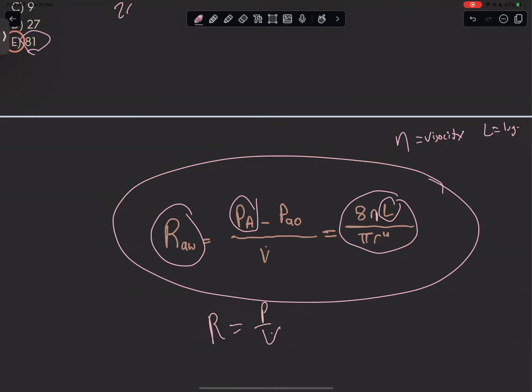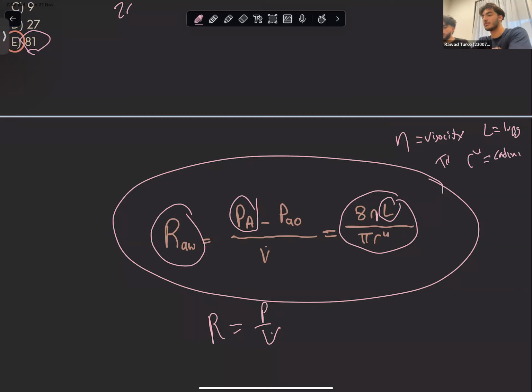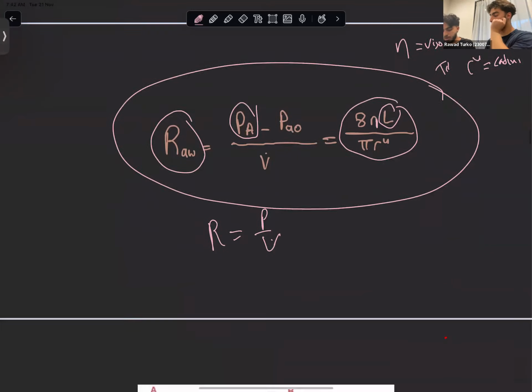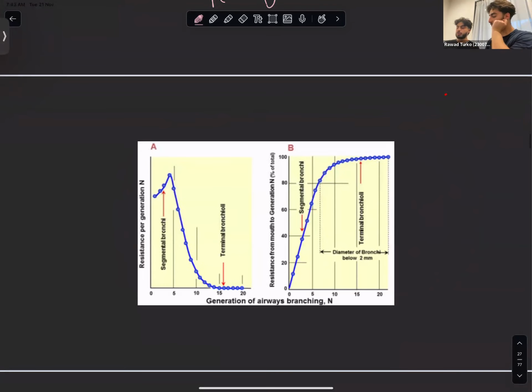And then you know what pi is, and R to the fourth is the radius. And that is the most important equation in that lecture. I found that there's nothing else they were asking about in terms of calculation in this lecture. And I think this is also an important part to remember.